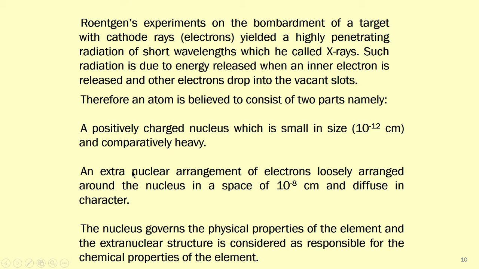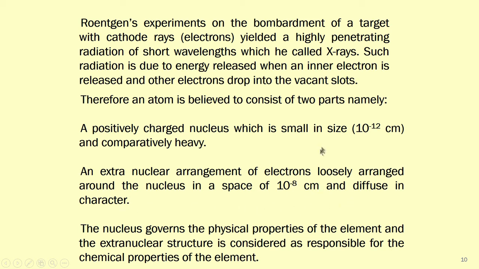So, around the nucleus there is an extranuclear arrangement of electrons loosely arranged around the nucleus in a space of about 10⁻⁸ centimeter and diffuse in character. It is not very well defined.